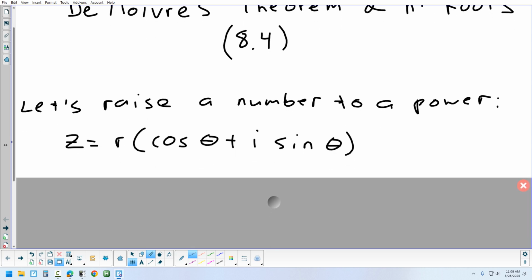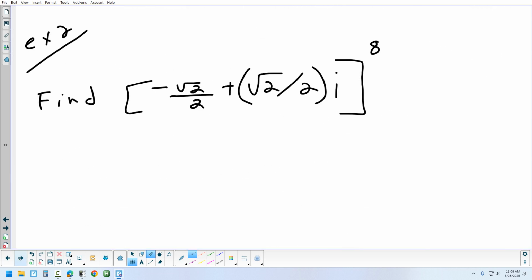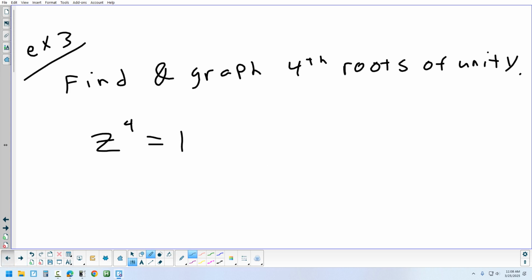All right, so let's say that we had a number in trig form, just very generically. I don't know what the radius is, and I don't know what the angle is. When we do an actual problem in a minute, they will give you a radius, and they'll give you an angle, like 2 pi over 8, or they'll fill that part in.